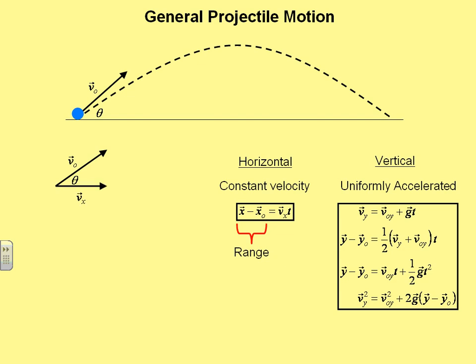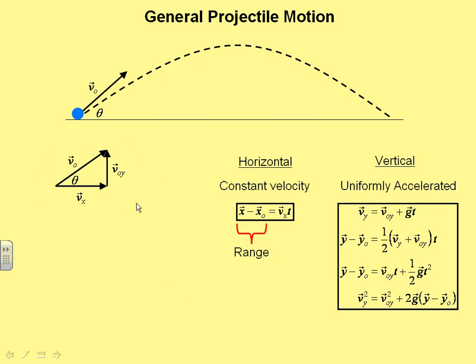We can draw the horizontal component of the velocity and then the vertical initial component of the velocity. Now, you'll notice here that I used Vx. I could use Vox, but since the horizontal velocity is constant, it really doesn't matter. The Vx doesn't change the entire time. However, I do have to be specific here to use Voy. That's these Voy's here in the kinematic equations.